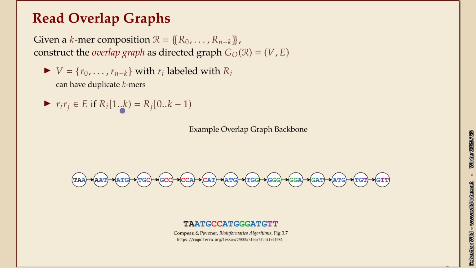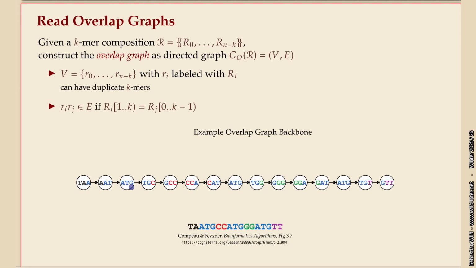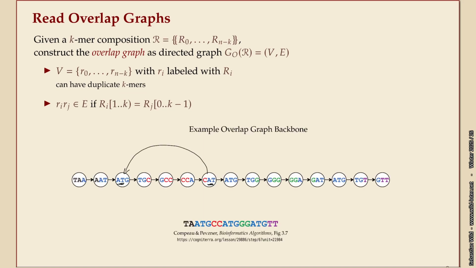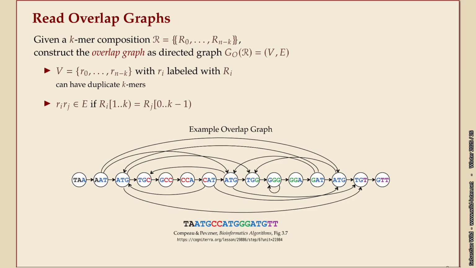For example, this one starts with AT. This one ends with AT. So we should have an edge like this as well, right? And there's a bunch of others. Okay, this edge is drawn down here. But there's a bunch of other edges that come from this same overlap.